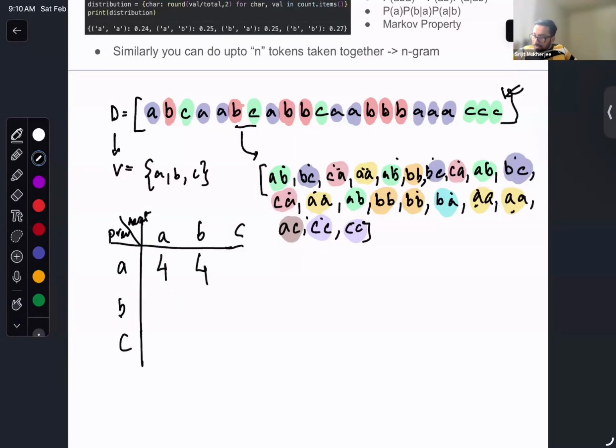Yeah, only one. So let's mark it. It's like tally marking. Yeah, tally marking is the best. 4 AB. Now 4 AA. 1 AC.